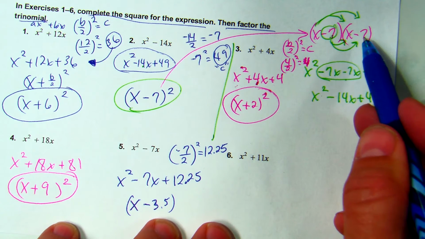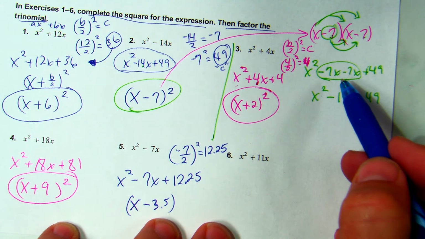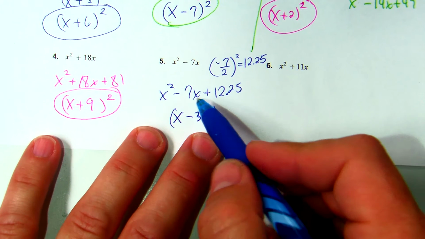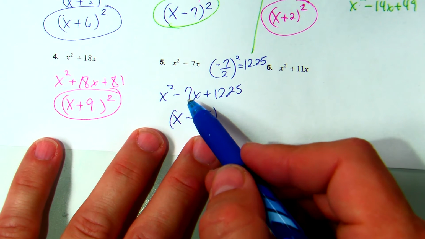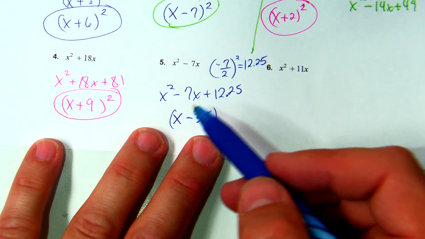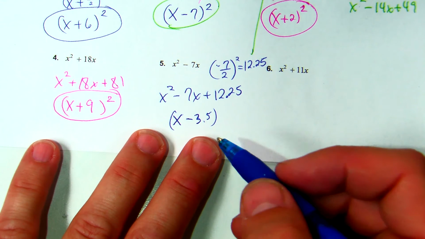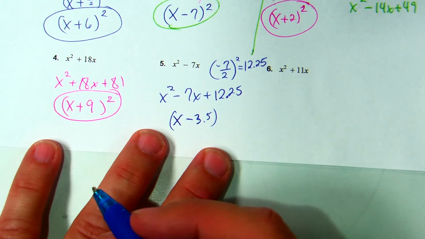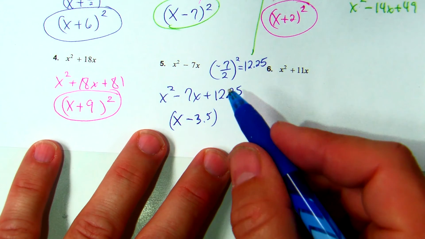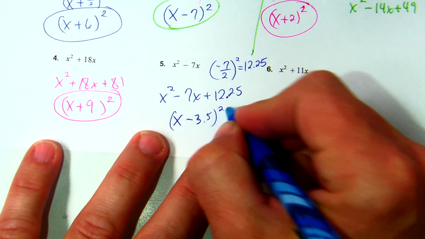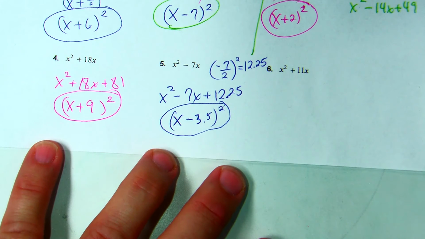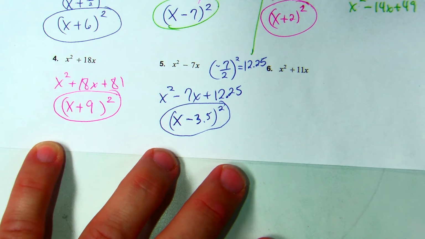Negative 7 plus negative 7 gave me my middle terms. It gave me that negative 14, right? So here, what two terms added together will give me a negative 7, being the same term plus itself? So two negative 3.5s will give me a negative 7. And then if I square that, that gives me my 12.25. So that is my factored form of the expression here after we complete the square.